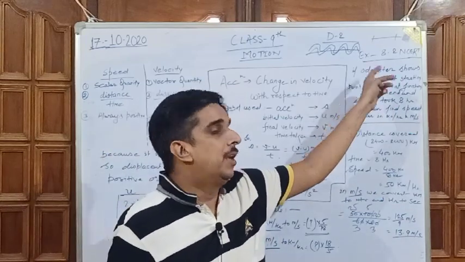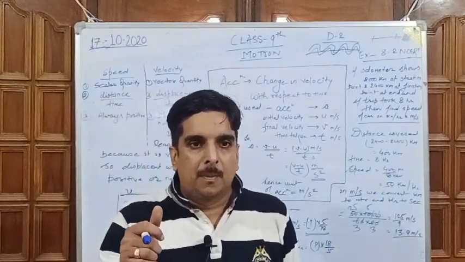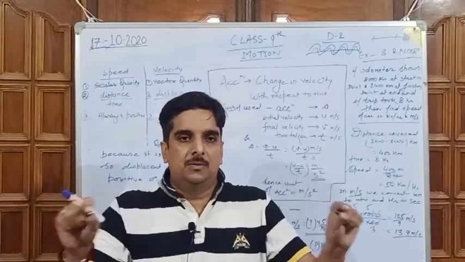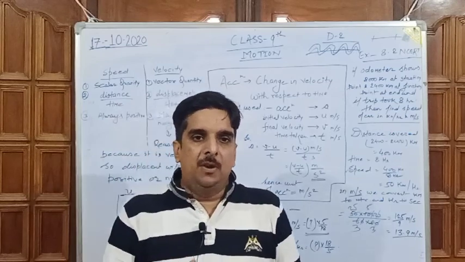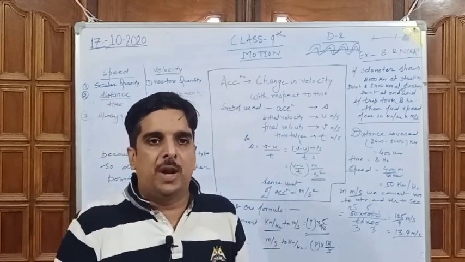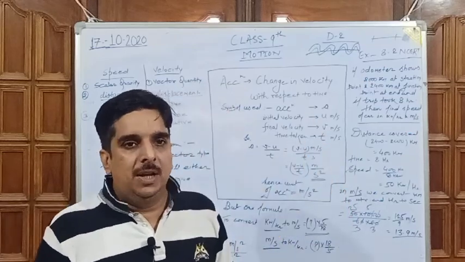So if an odometer reads at the starting of the trip, like it shows the value 2000 kilometer, and if a man starts traveling from one point to another, what happens is that he completes the journey.